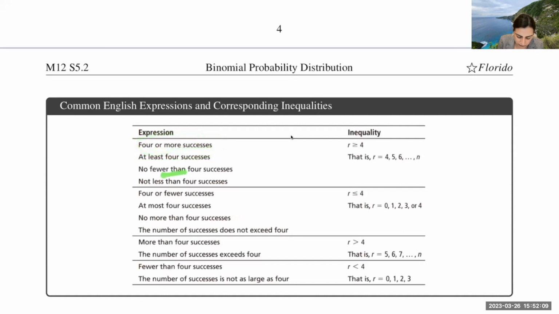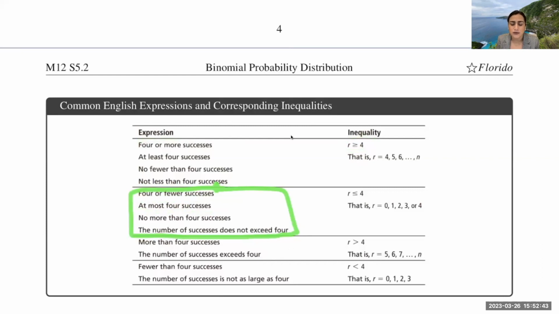Another way of saying that is no fewer than 4 successes, not less than 4 successes. If they tell you 4 or fewer, then you know that it's at most 4 successes. No more than 4 means 4 or fewer. At most 4 means the number of successes does not exceed 4.